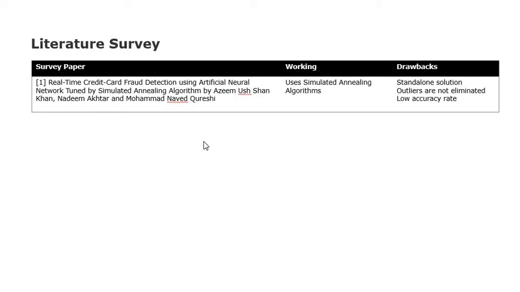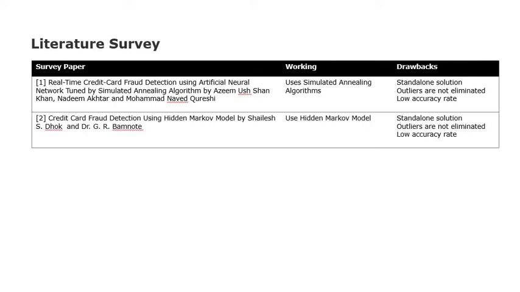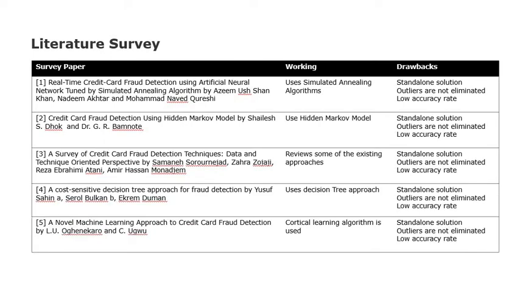Now let's go to the literature review. The literature survey is nothing but listing out the papers, existing systems, and briefly telling which technique they are going to use and listing out the drawbacks. This is paper number 1 we have referred to, and this is the second paper, third, fourth and fifth paper.